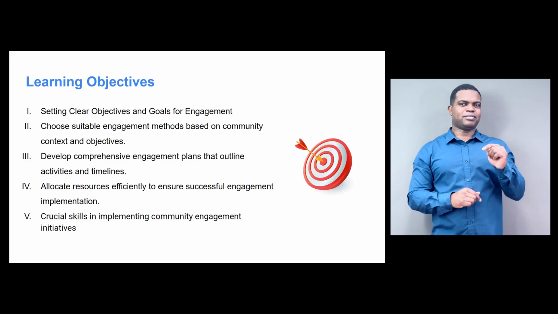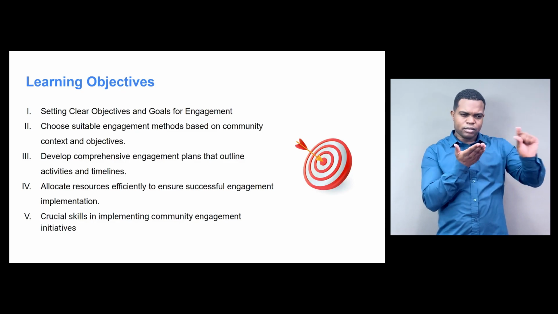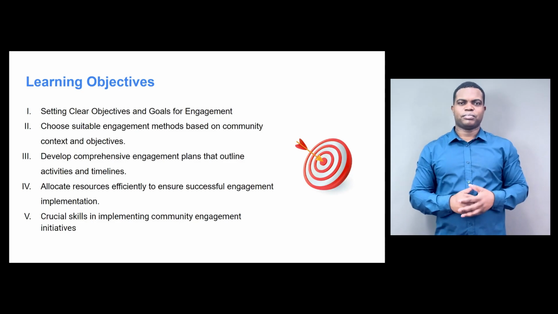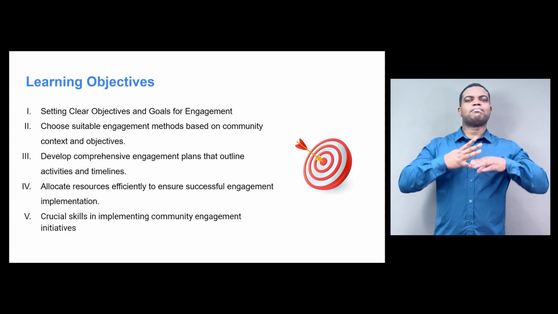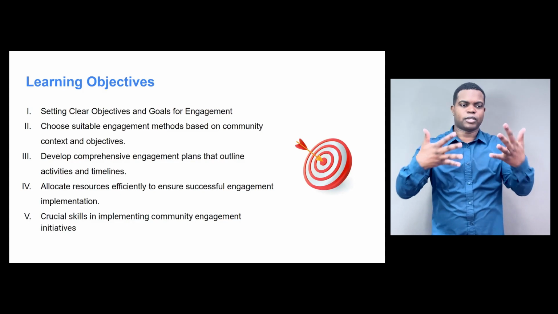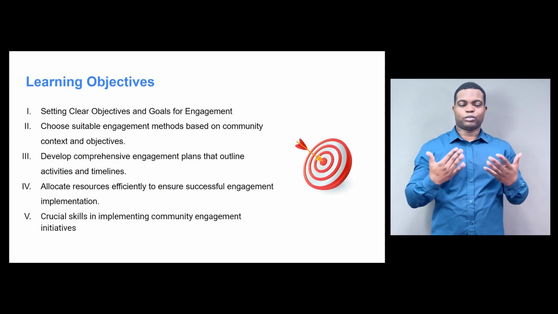You are also going to be learning how to allocate resources efficiently to ensure successful engagement implementation. And lastly, you are going to be learning about the crucial skills in implementing community engagement initiatives.